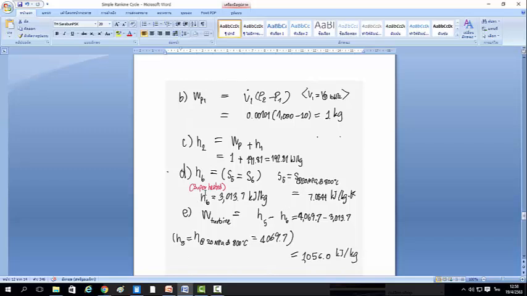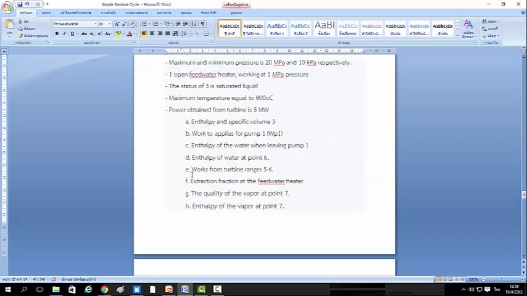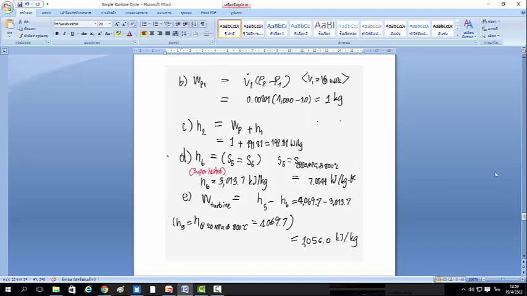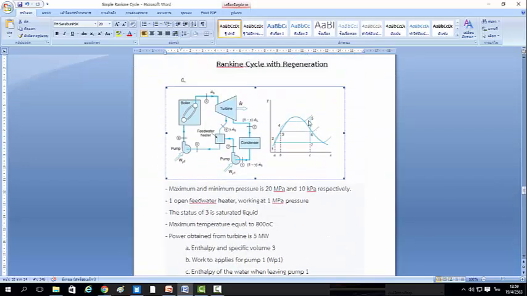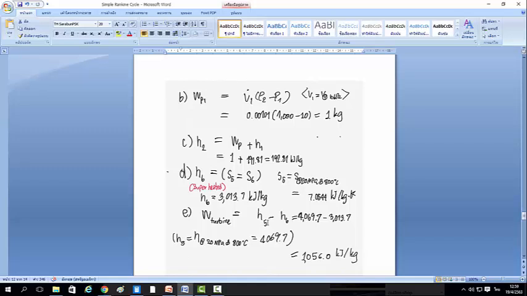Also the enthalpy you can get here. And E, they want to know the work from the turbine, from 5 to 6. It's easy. You just take S5 minus S6.